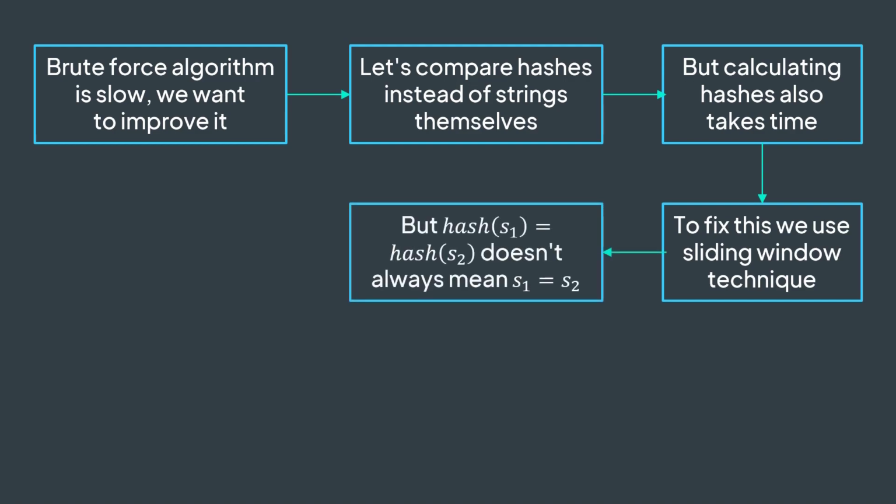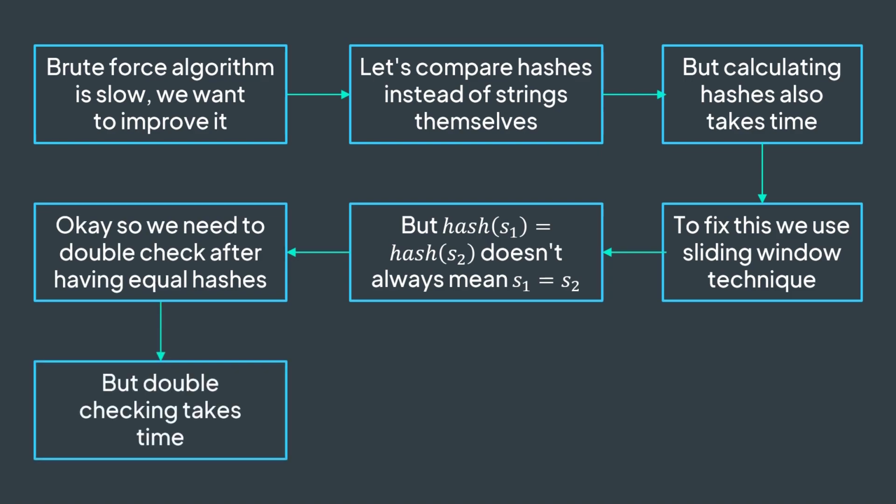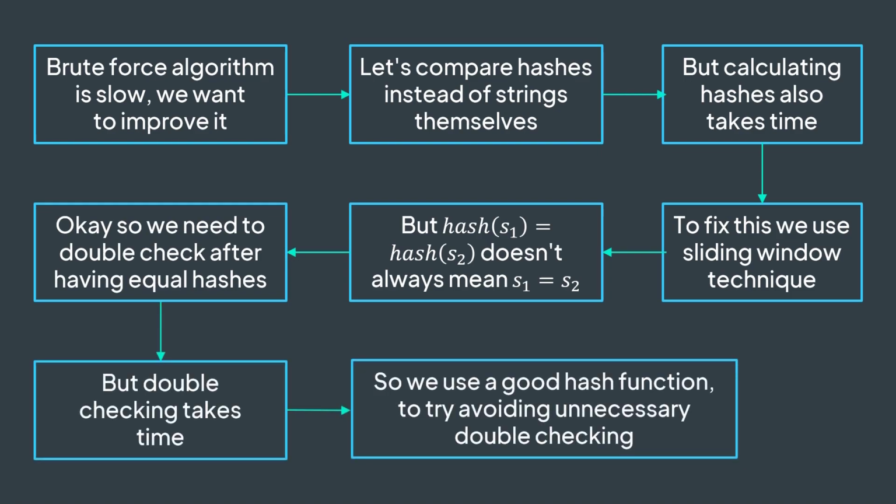Also, two strings with the same hash doesn't mean that they're equal. This is why we double check by comparing strings themselves to be sure. Which takes time, but by using a good hash function, we reduce unnecessary double checking. So in brief, the Rabin-Karp algorithm optimizes the brute force algorithm by comparing hashes instead of strings, and also uses sliding window to quickly compute hashes.